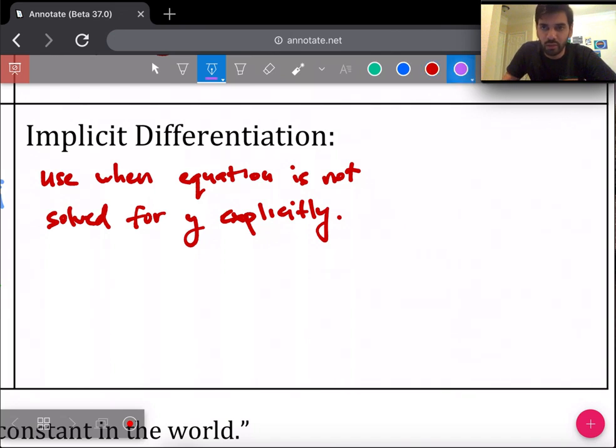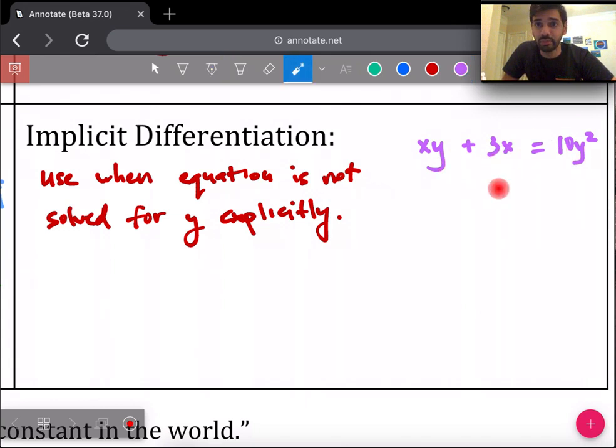And so, for example, you could have something like xy plus 3x equals 10y squared, something like that. This equation is not explicitly solved for y because you have x's and y's on the same side and they're all mixed up.